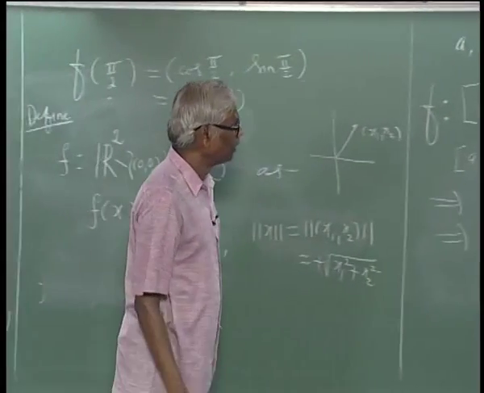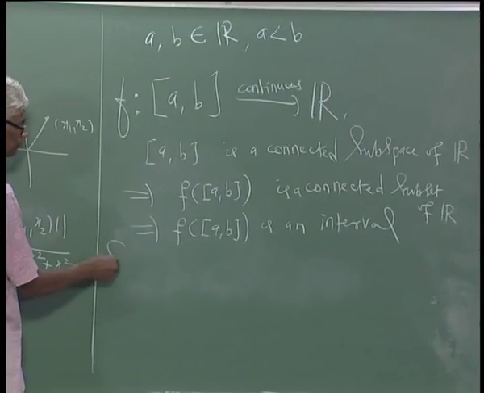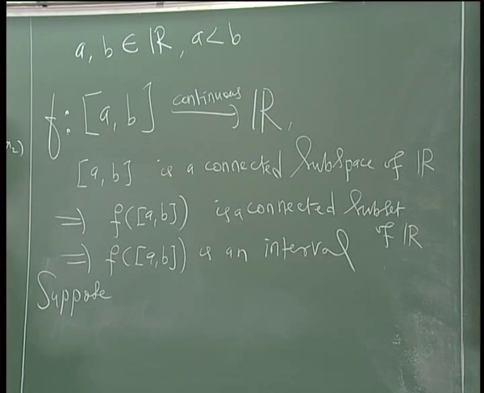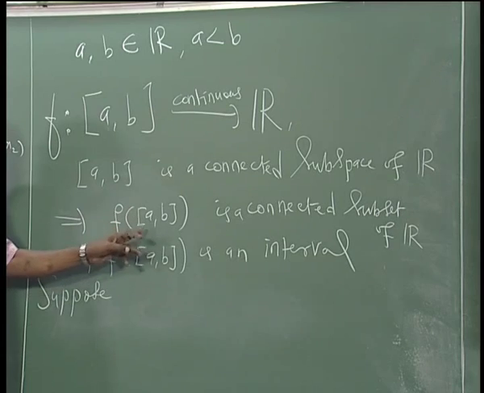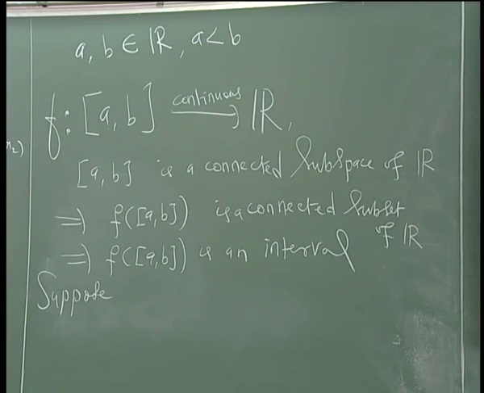Now consider the case where, suppose, it may even be a constant function. That will be continuous, the range is a singleton, and then it is connected.